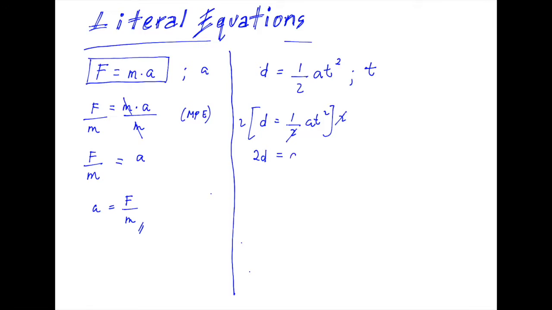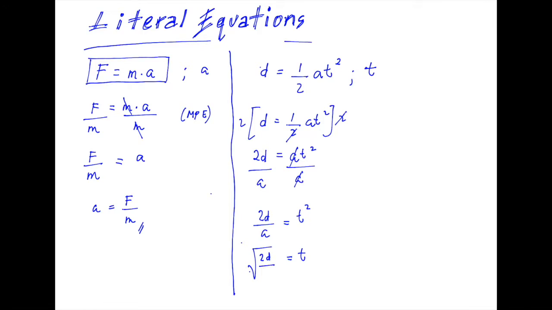The 2 and 1/2 simply cancel, then we have AT squared. Then, in order for me to get the value of T, I should divide it first by A. And therefore, I now have 2D over A equals T squared. And in order for me to simply remove this square as an exponent, I should get the square root of the other side.